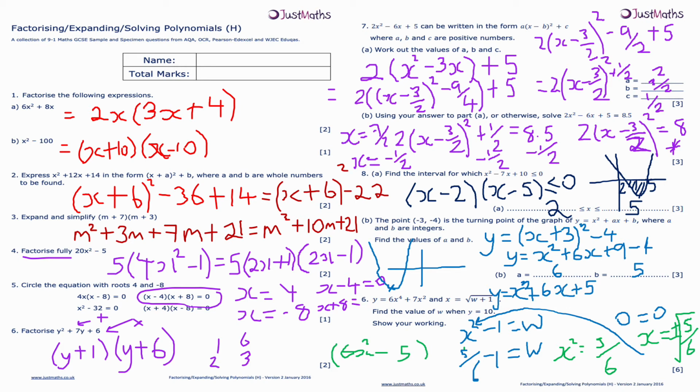So I can change that 1 into 6 out of 6. Okay, and then when I minus my fraction, same bottom numbers, just minus the top. 5 take away 6 is minus 1. So W is equal to minus a 6th. Okay, following y is equal to 10.